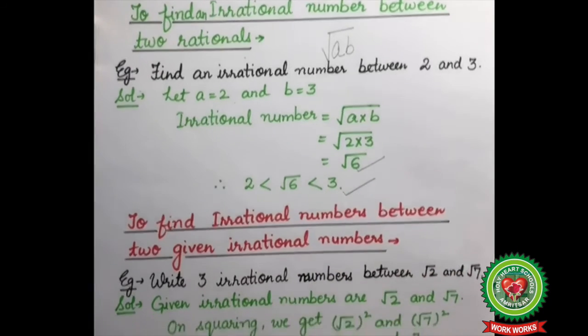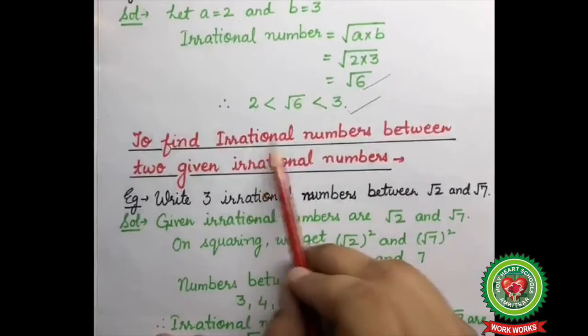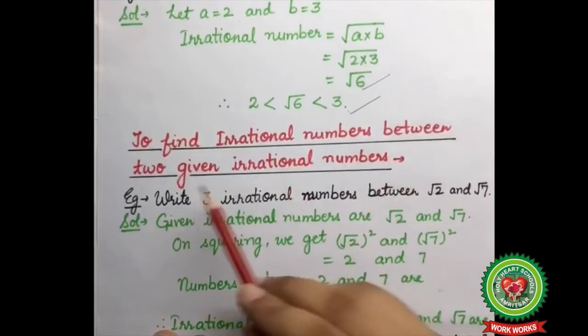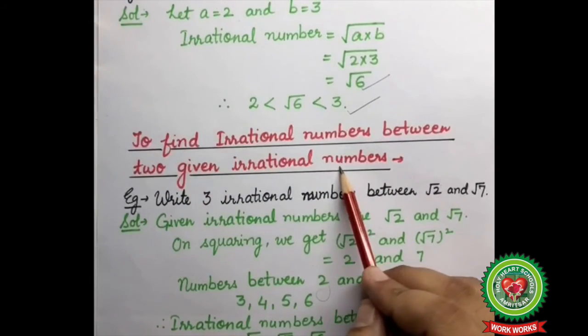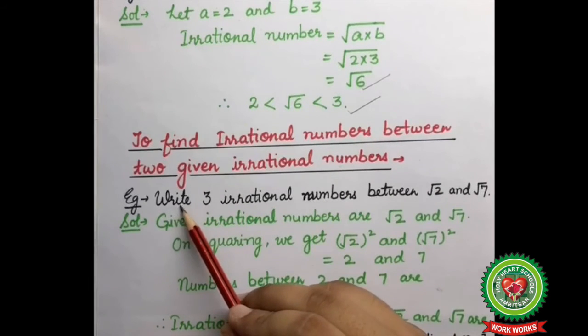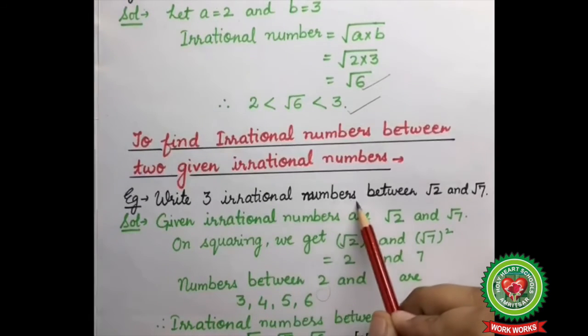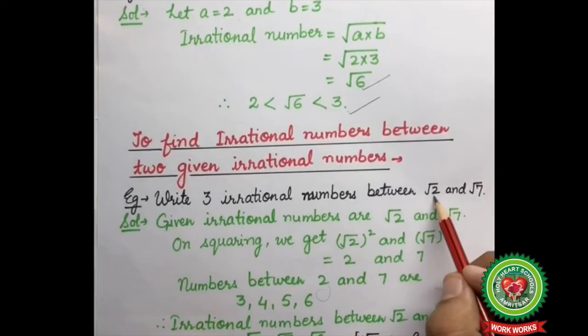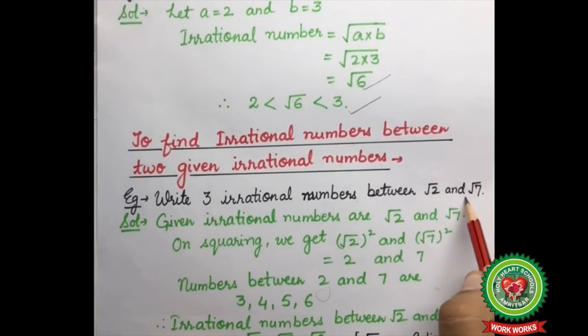Now if we need to find irrational numbers between two given irrational numbers, here we need to remember some steps. So let us discuss by an example. Here we need to write three irrational numbers between square root of 2 and square root of 7.